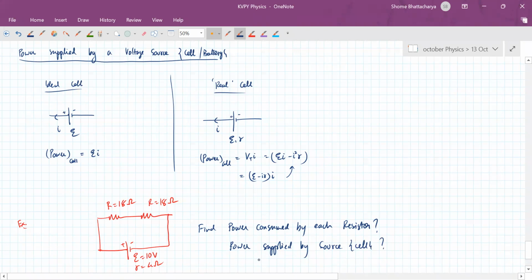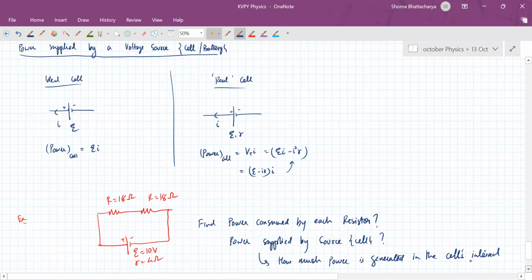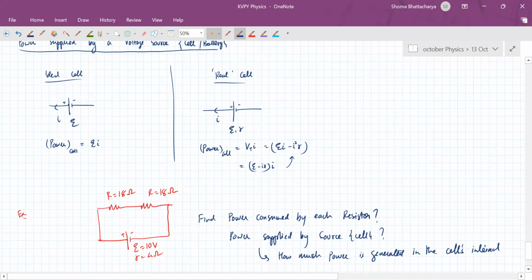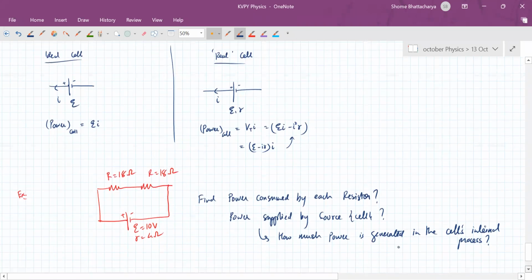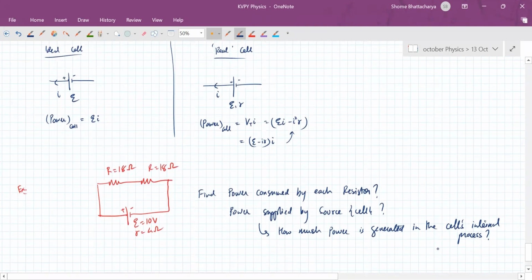Now of this power, how much power is generated in the cell's internal process, and how much is dissipated within the cell.